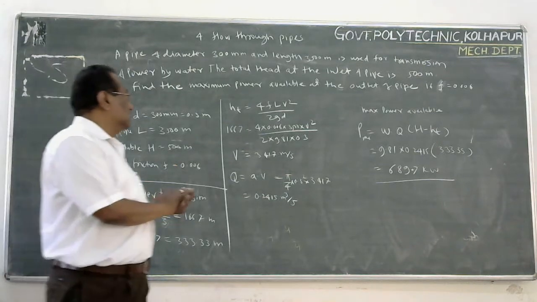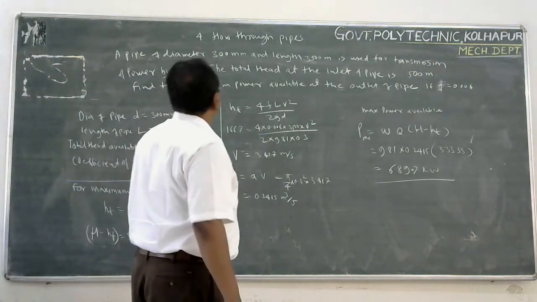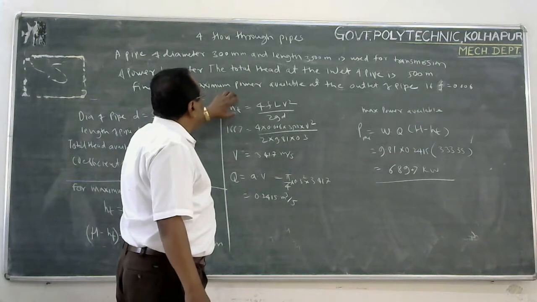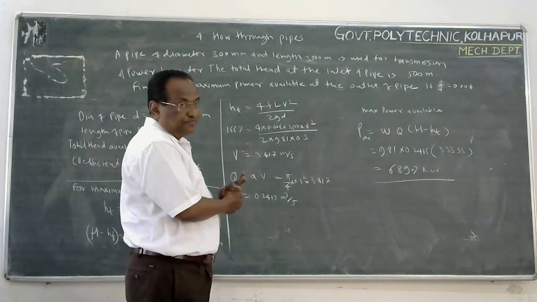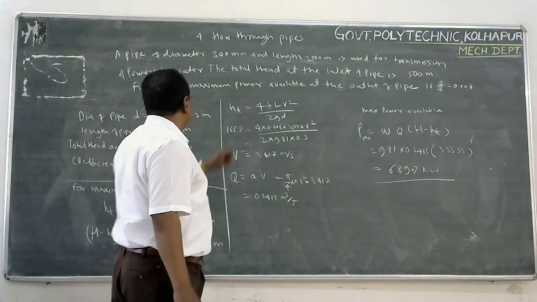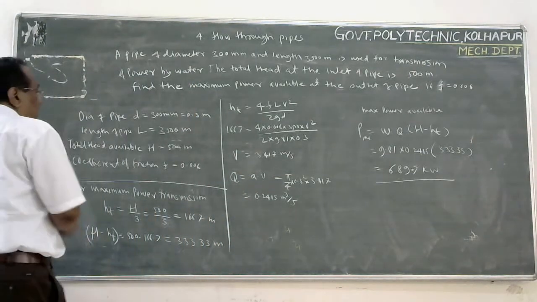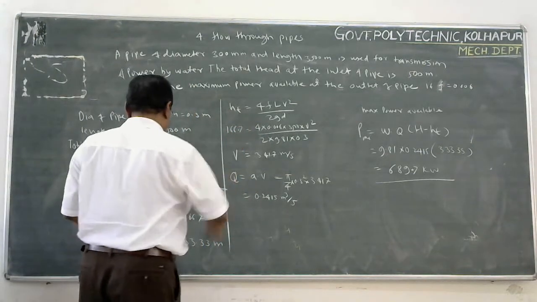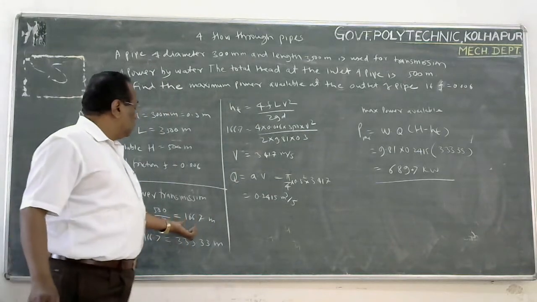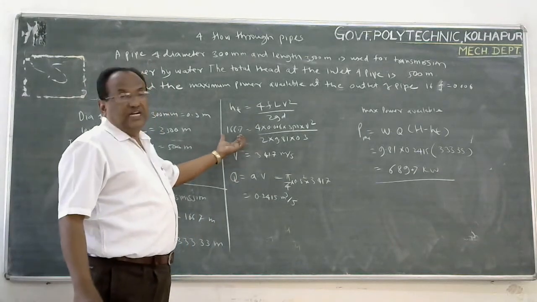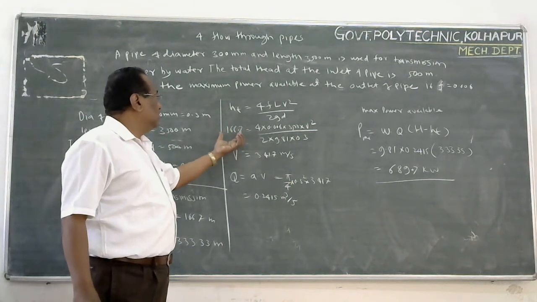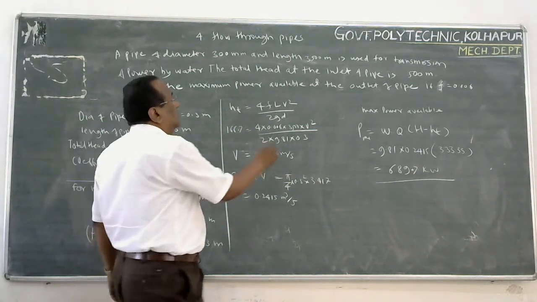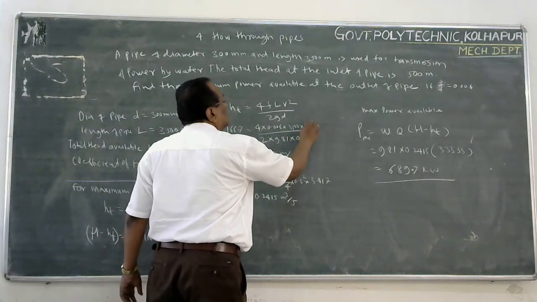From Darcy's equation, we know that HF is equal to 4 f L V square upon 2 g D. HF we have calculated here is 166.7. It is for maximum power transmission. So we already know that. What we don't know is velocity of flow.